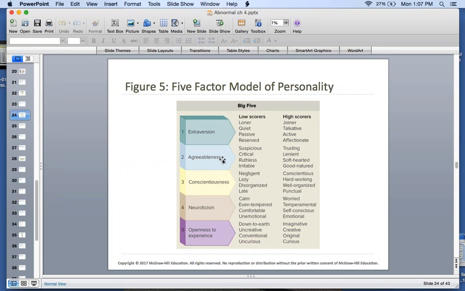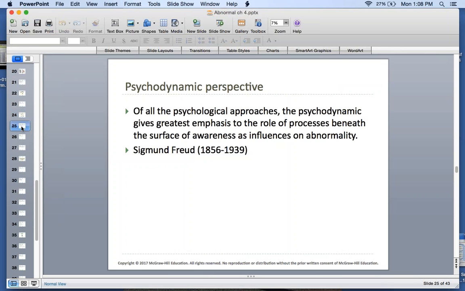I don't know why they left out these other two, but that's what they call it. So you can look at these things. People find that they are higher or lower on different ones of these. So that's the 5-factor model. That's the trait theory.